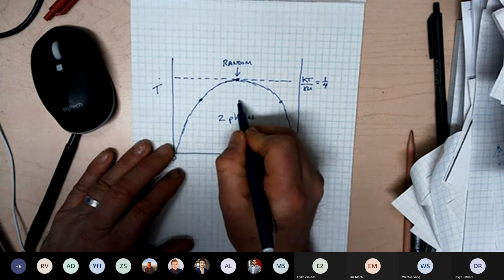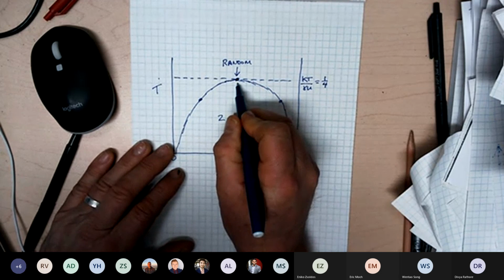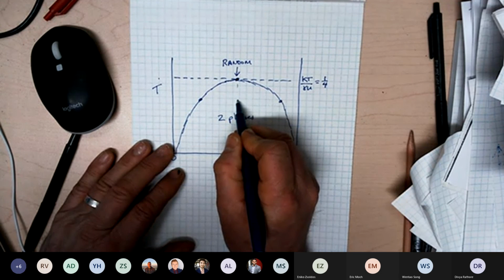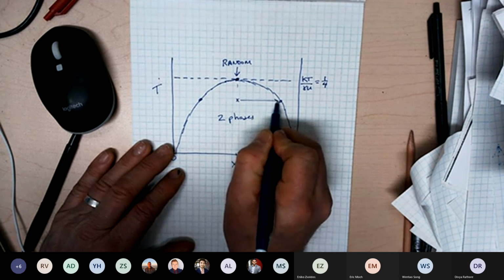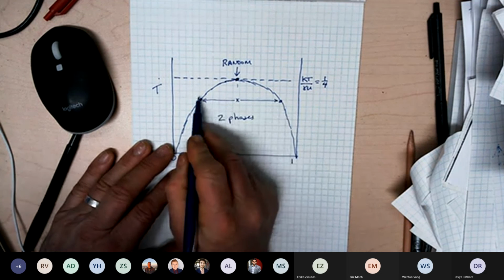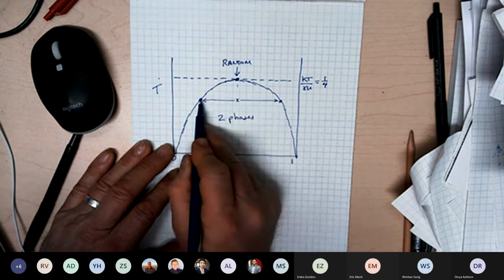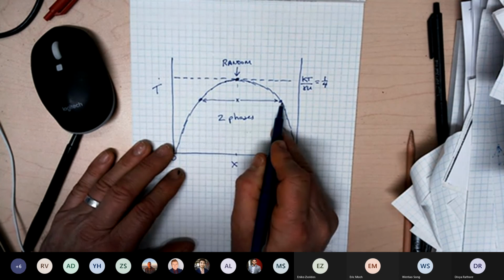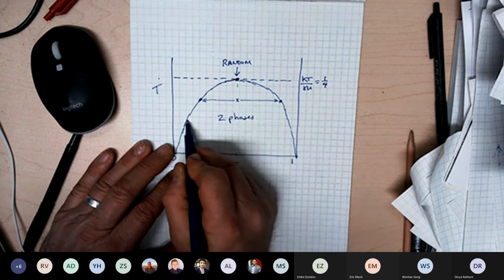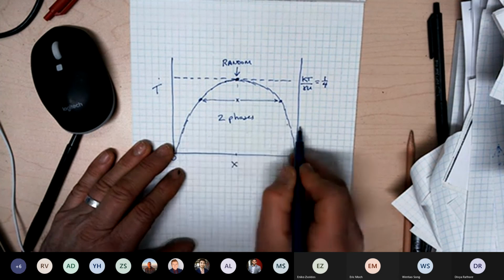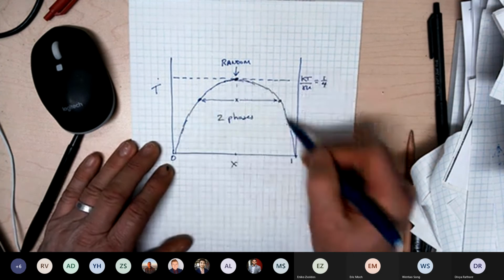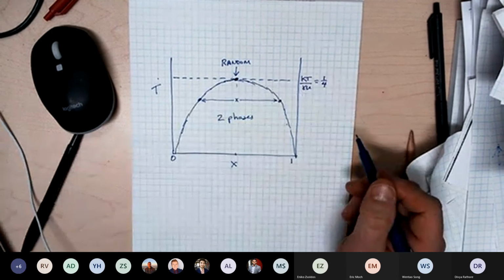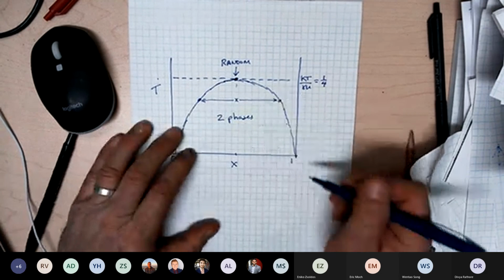So if you make a sample with x equal 0.5 and you cool it into the two-phase region, it should separate into two phases whose composition are different. And the lower you cool, the more different their composition should be. So I'll give you a homework problem where you can work out this phase diagram for yourselves. I'm just sketching it here.